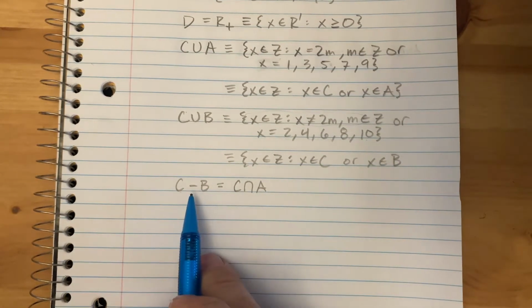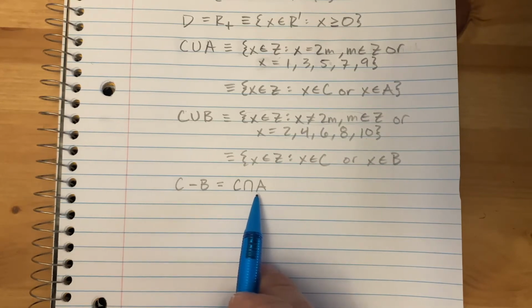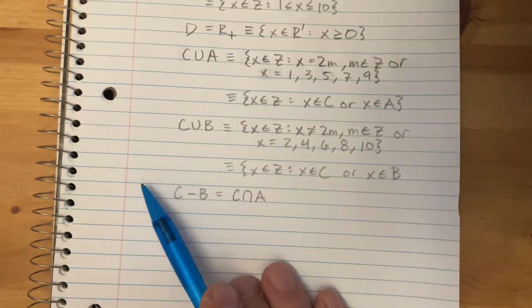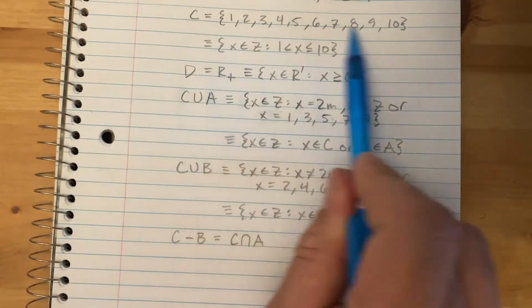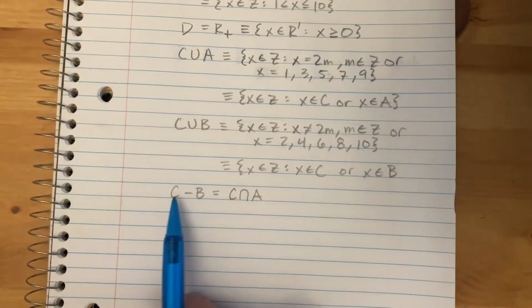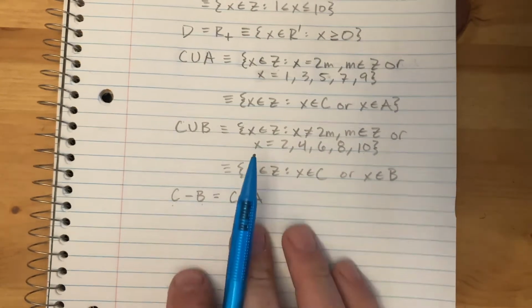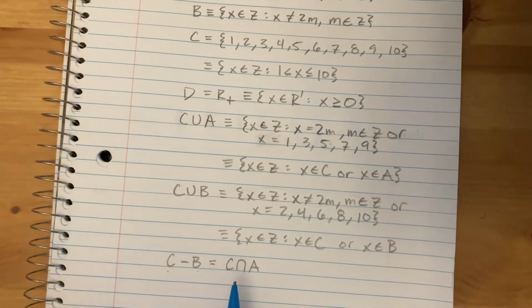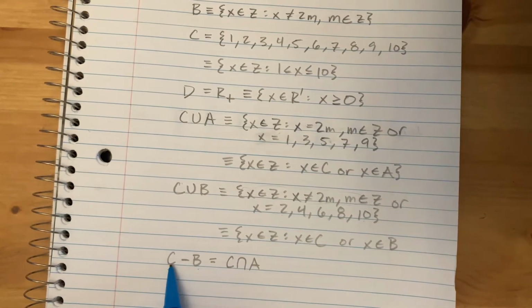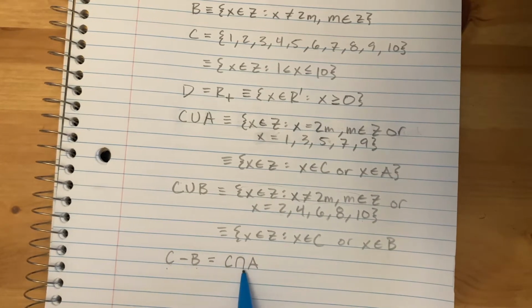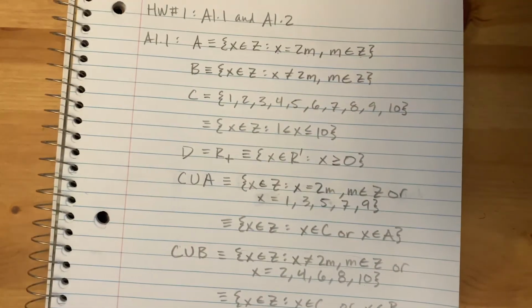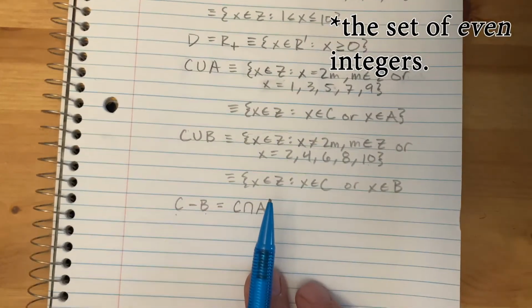Yes, C intersect A. Because C is, again, the set of the integers from 1 to 10. So we're taking that set and subtracting from it all odd integers, which would be the same as the set of integers 1 through 10 that are also part of A, the set of even integers. So that's just another way to describe it, right?